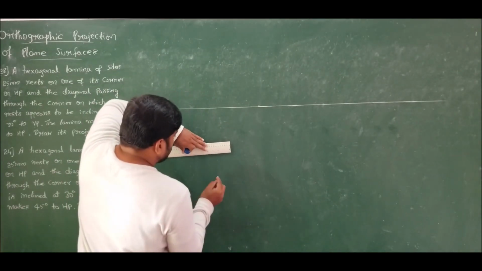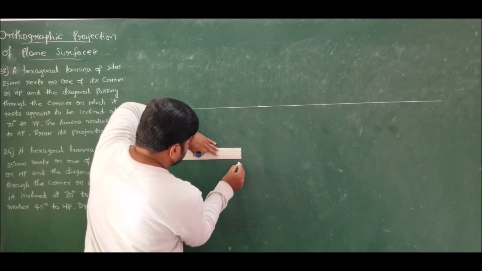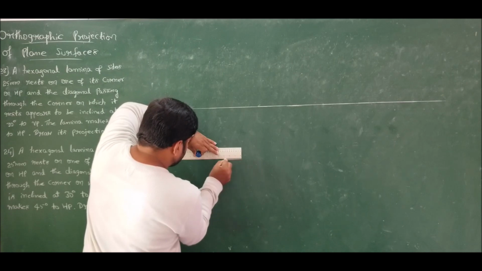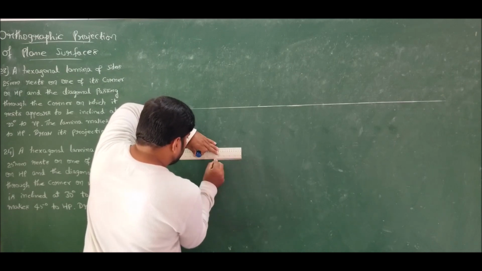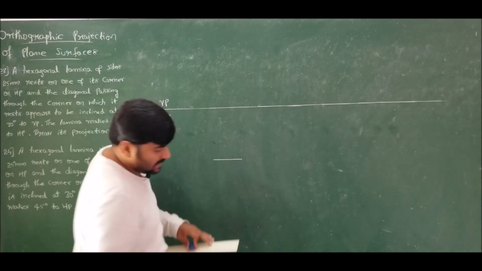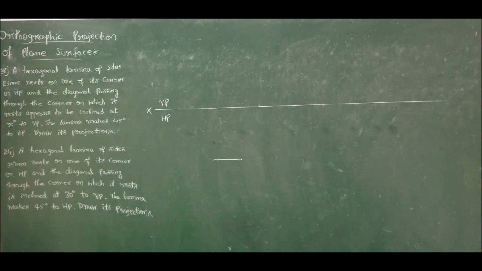To get a hexagon with corners on the sides, take a horizontal line of length equal to the side length, which is 25 mm. So draw a horizontal line of length 25 mm. Now take this as radius and construct a circle.